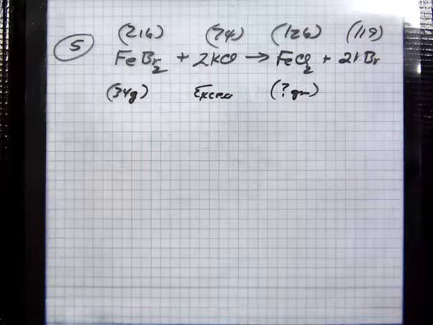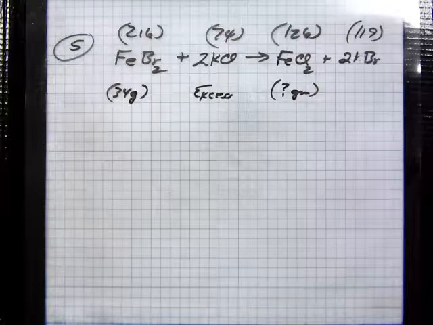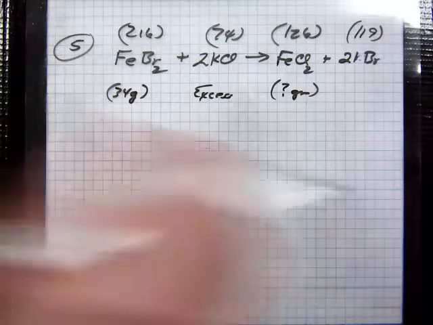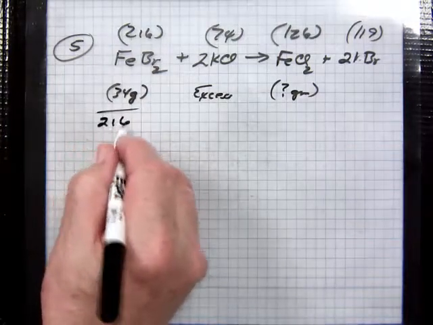So there's numbers that we can get started with. So we want to convert to moles, and then solve for the grams of iron chloride here. So divide by 216.